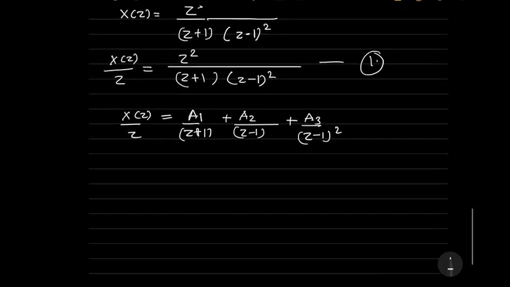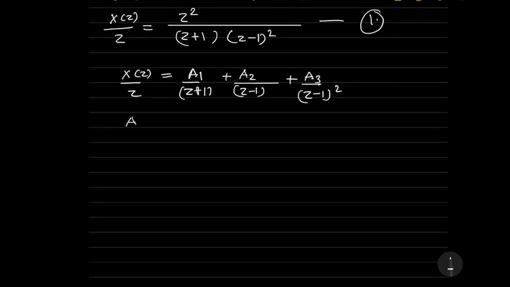Now to find the value of a1, multiply x of z upon z by (z plus 1). The result remaining is z square upon (z minus 1) whole square, and set z equals minus 1. So we get the result 1 by 4.